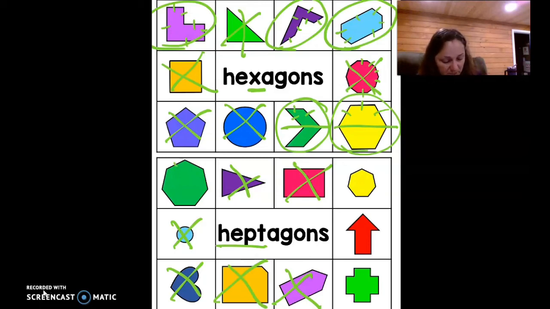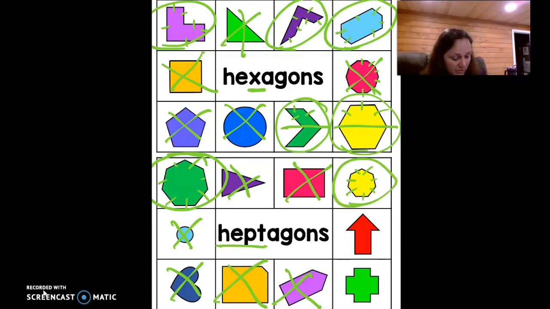Let's see, I've got 1, 2, 3, 4, 5, 6, 7. 7 sides? Yes, you are. This one kind of looks like the other one. They look like they are similar, not congruent because he's a little bit smaller. So let's count him off. 1, 2, 3, 4, 5, 6, 7. Yes, sir.